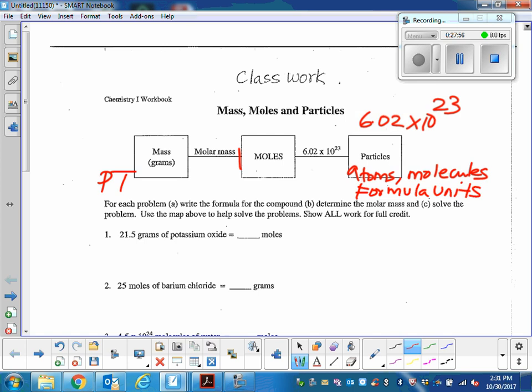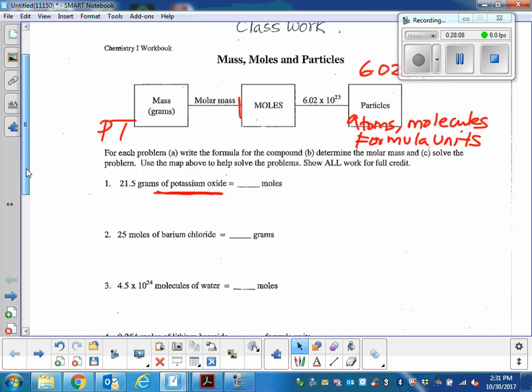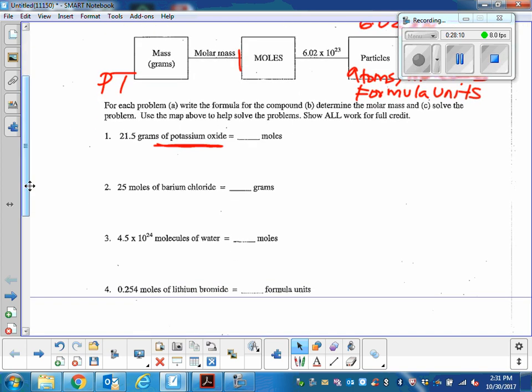So here is potassium oxide. What is the formula for potassium oxide? We did formula writing last class. What is the charge on K? Plus 1. What is the charge on oxygen? Minus 2.